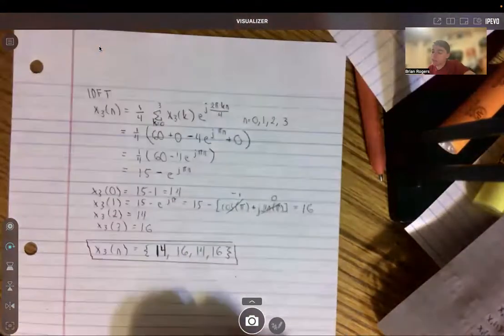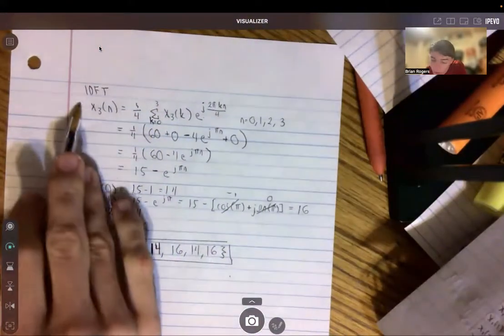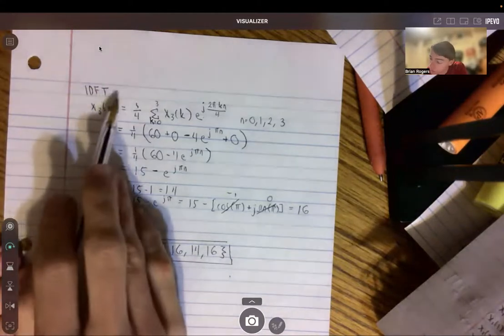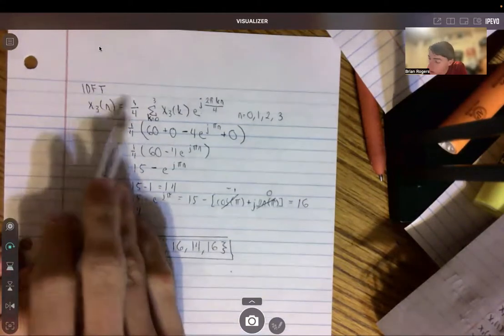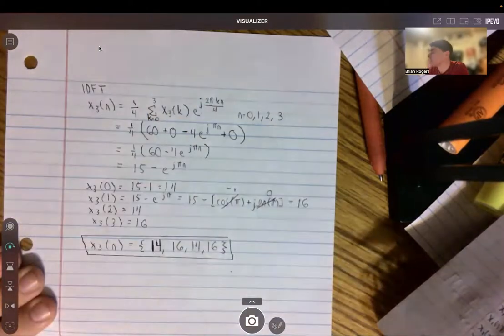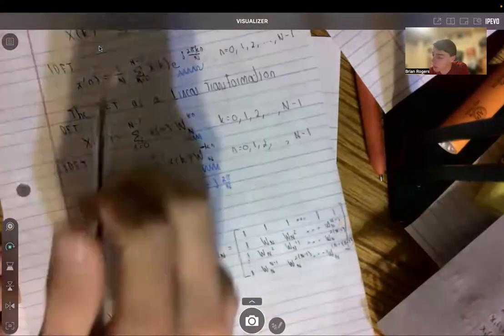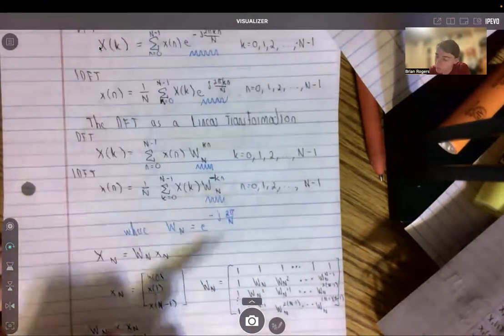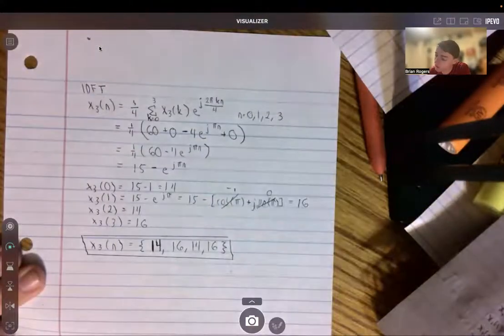And now that we got that, we use the IDFT, the inverse discrete Fourier transform. We looked at our equation. Remember, it runs from k equals 0 to 3. That was the one correction we had to make here, from k equals 0 all the way up to N minus 1, where capital N was 4 in this example, so that's why it's 3.